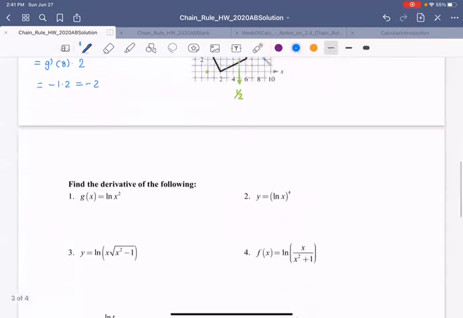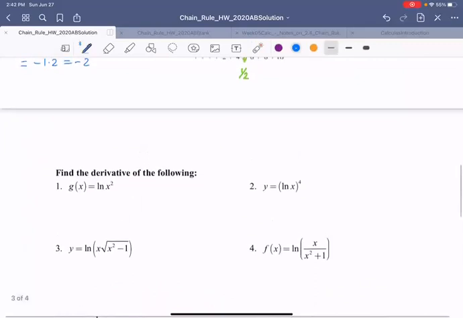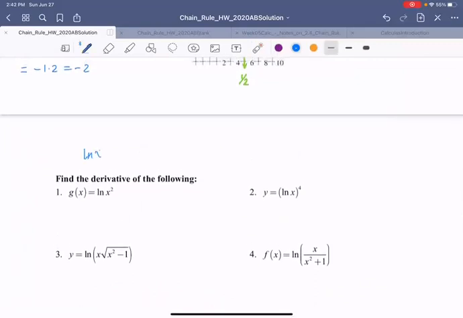Very good. Thank you. Now let's look at that thing. We have to know that the derivative of ln x is 1 over x.